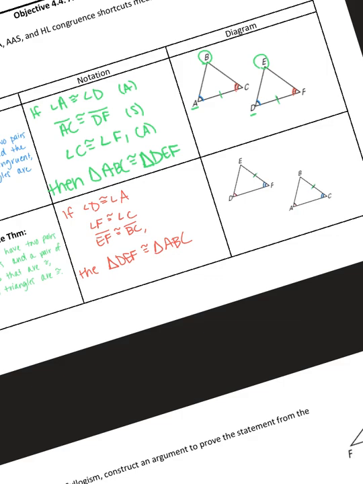Okay, so like I said, this one is angle, angle, side, because the side is not between the two congruent angles.